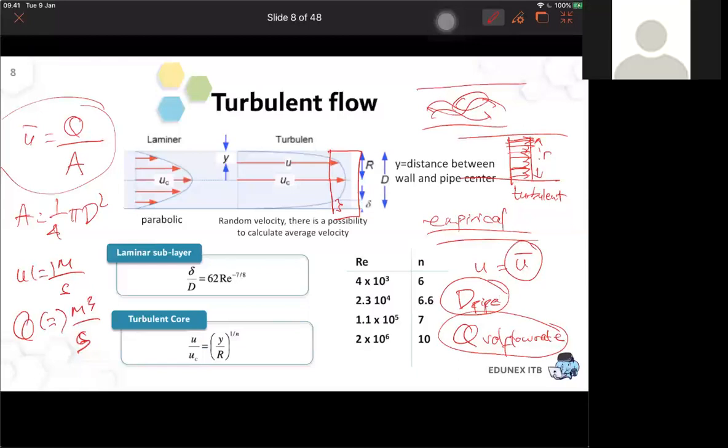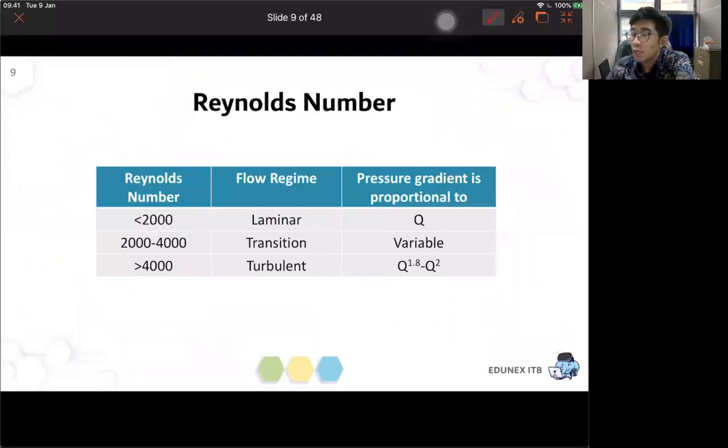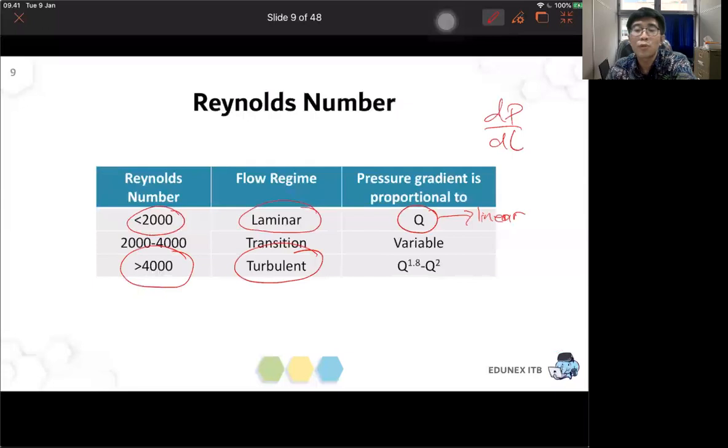It's okay, sir. Okay, now is the value. Actually, there is no strict borderline value for the Reynolds number, but you can assume that below 2000, you can classify it as laminar. Later, when we discuss about friction, we will not discuss it now. The pressure difference or pressure gradient, the dP over dL, will be linear on laminar flow. But when the Reynolds number is 4000 or higher, then it can be classified as turbulent.